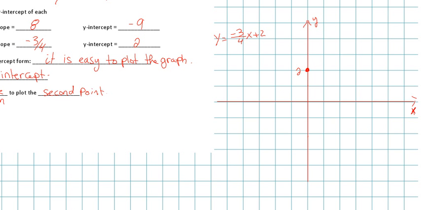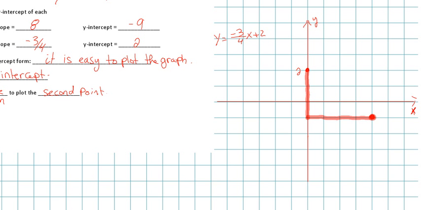Then I go over 4: 1, 2, 3, 4. This is where my next point is. I have 2 points. I can graph my line. I am done. I did not have to do any calculation. I just looked at my equation, located my y-intercept, and used my slope to graph.